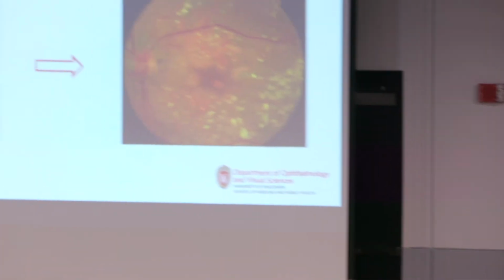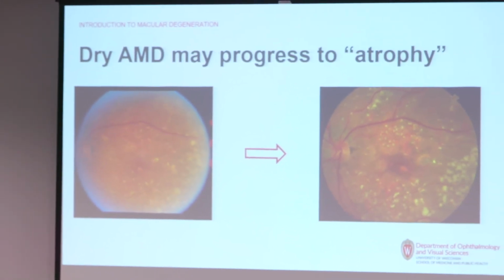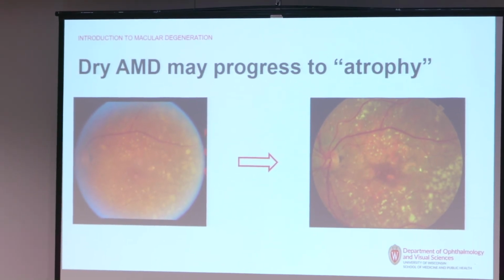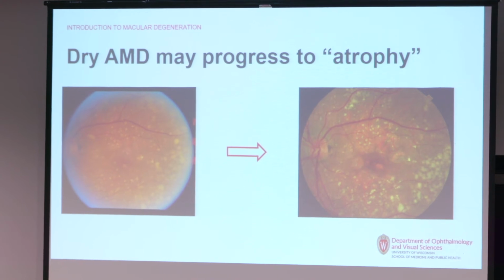Just to show you that the dry form also can lead to loss of vision. And these pictures show you what we see, that there are these yellow spots. But in addition, on the right-hand side, there's a more orange area in the center. That's where the retina is thin. And that's where people lose patches of vision.